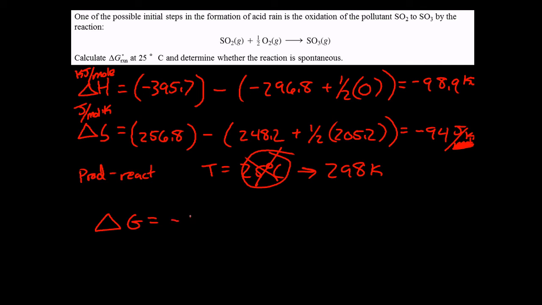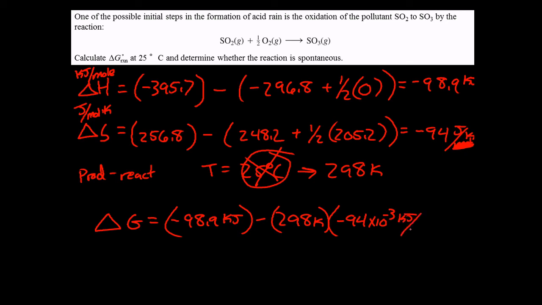let's see, negative 98.9 kilojoules minus 298 Kelvin times negative 94, we're going to do 94 times 10 to the negative 3 kilojoules per Kelvin.